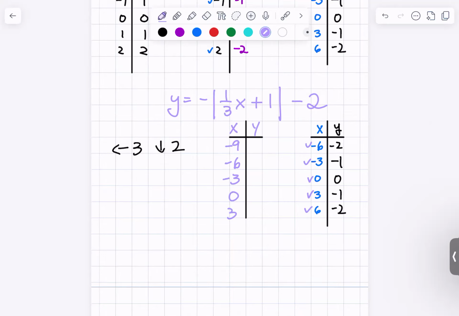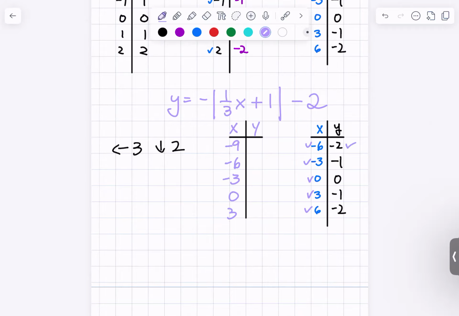What am I doing to the y's if I'm going down 2? Subtracting 2, right?